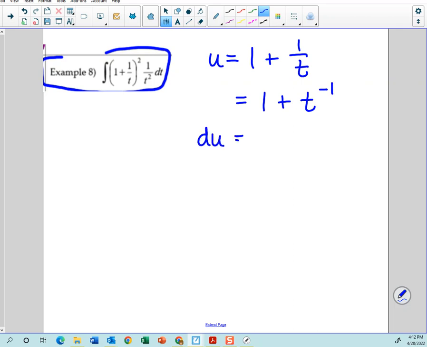So then my du is negative t to the negative 2 dt. I know we have a different letter in this one just to make it more exciting.